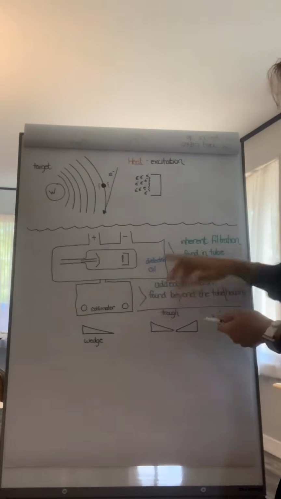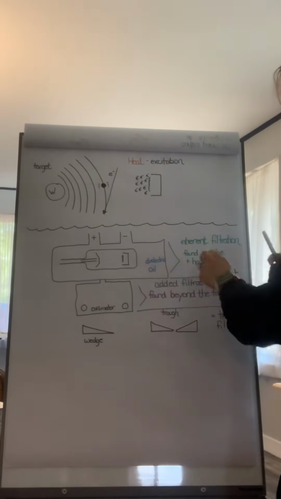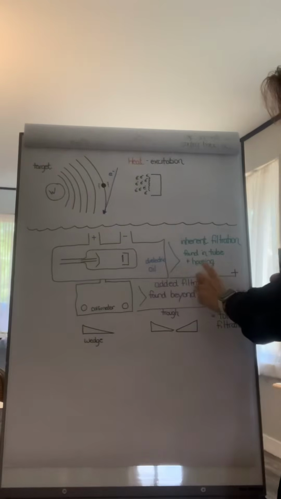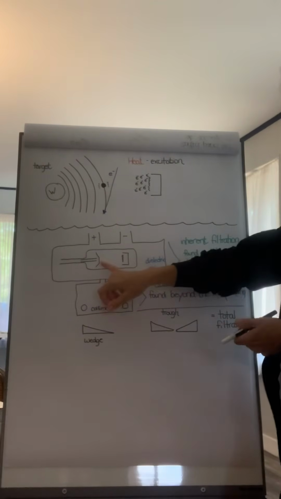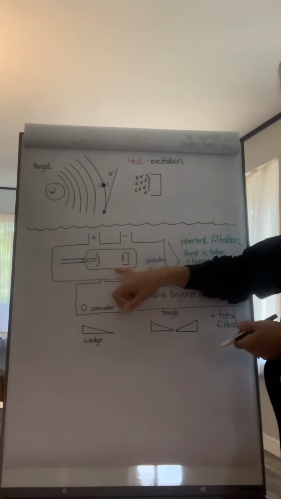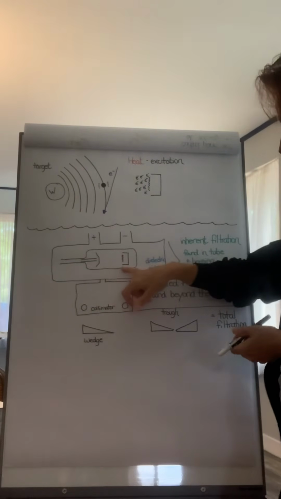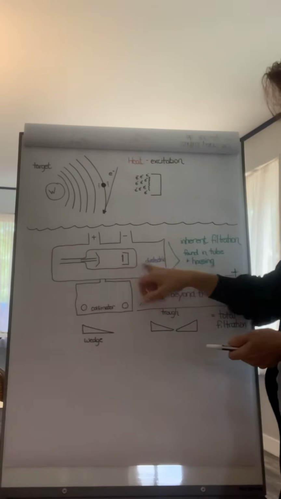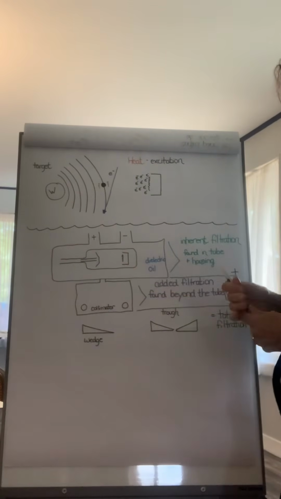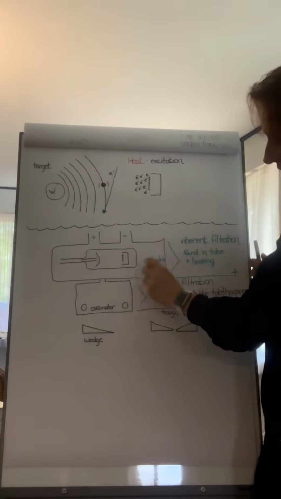We have what's called inherent filtration, and these are things found in the tube and the housing. So what kind of things do we find in the tube? We've got the borosilicate glass in the tube. You've got the dielectric oil in the housing. You've got the different metals in the housing.